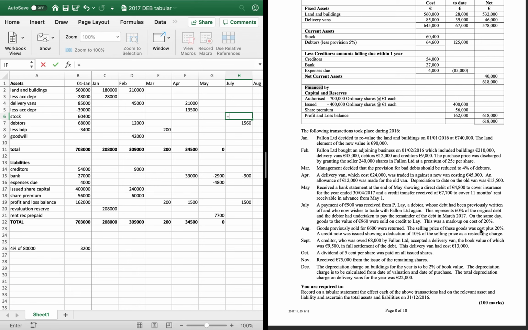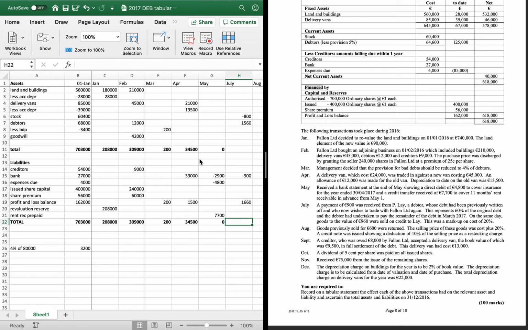So we take the 960 and to find its cost price, work backwards, divide by 120 and multiply by 100. And that's 800. So we took the stock for 800, we sold it for 960, which means we made a profit of another 160 on that. Okay, so the 1500, we have to add on another 160, so that's 1660.